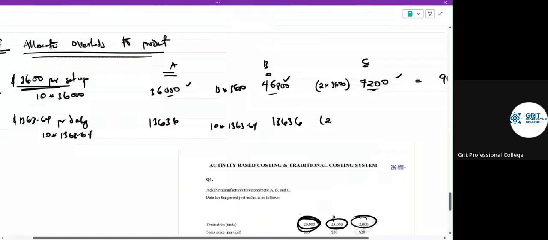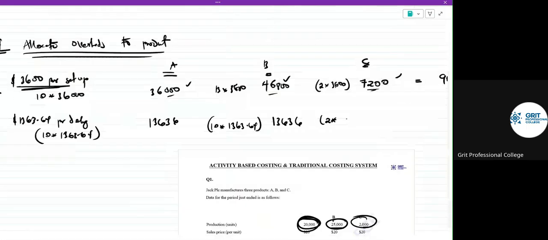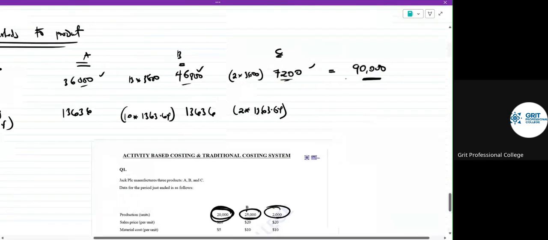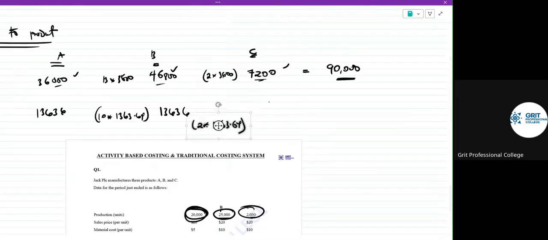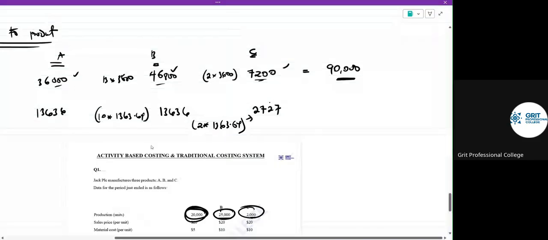So that is 2 by 1363.64. And how much would that give us? 2,727. So that is 2,727.